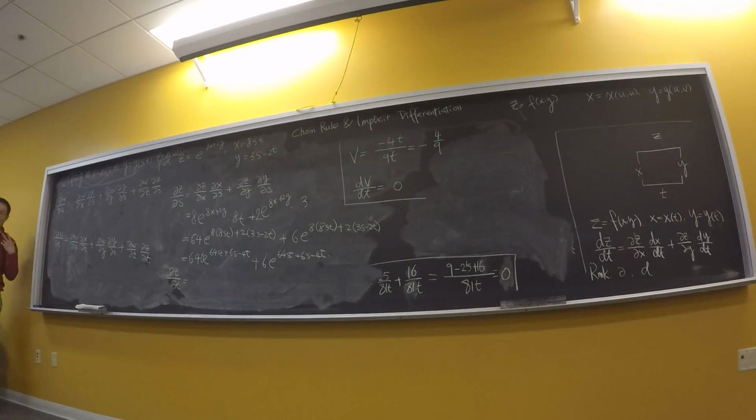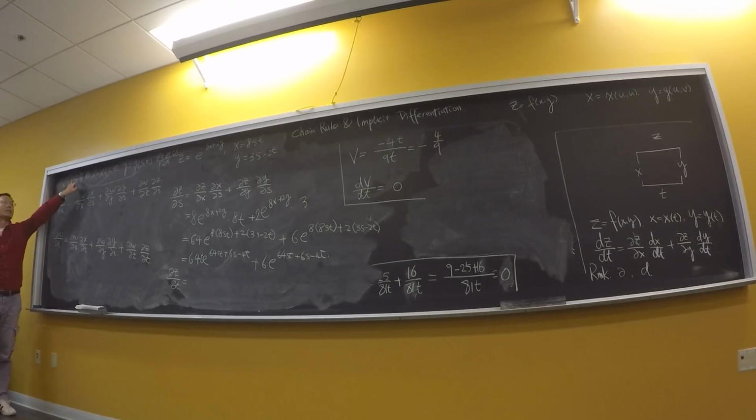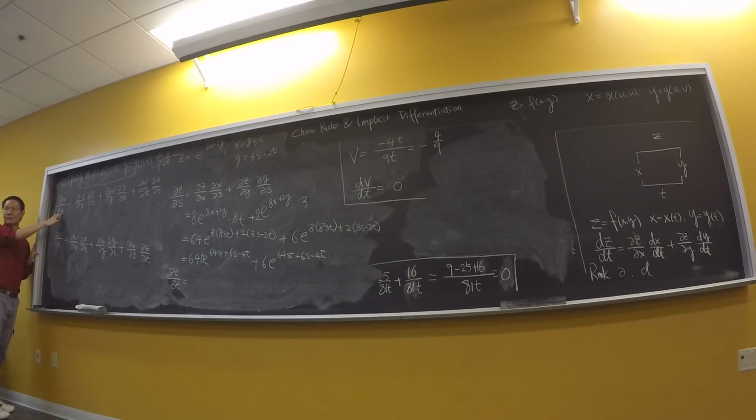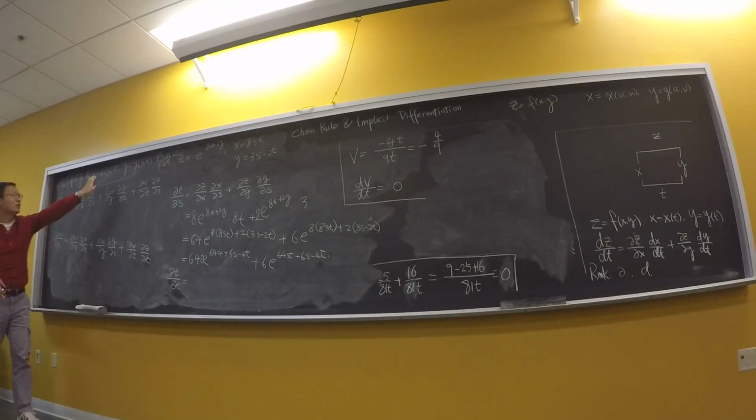So if you have 3 intermediate variables, at every stage you have to hit each one of them, and then each one of them will give you another partial derivative with respect to the variable you compute. Okay? So if you have 3 intermediate variables and 2 new variables, you're going to have 6 different combinations for computing these things. All right?